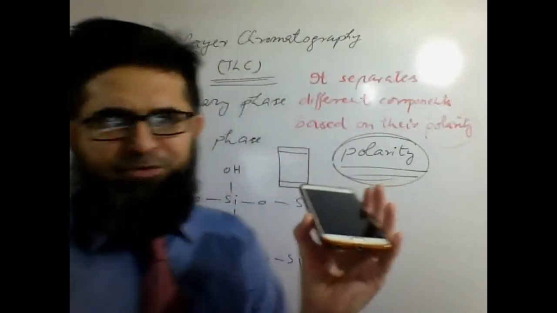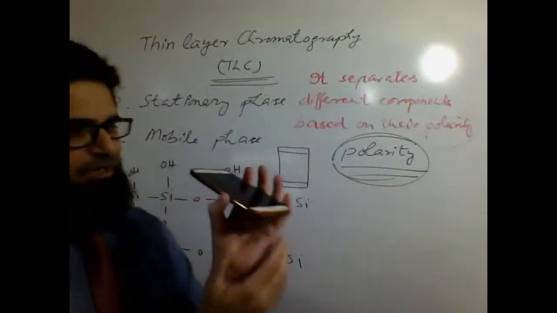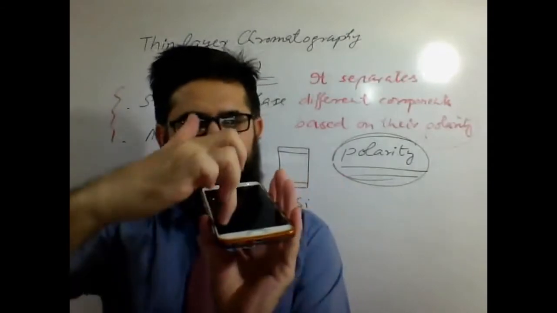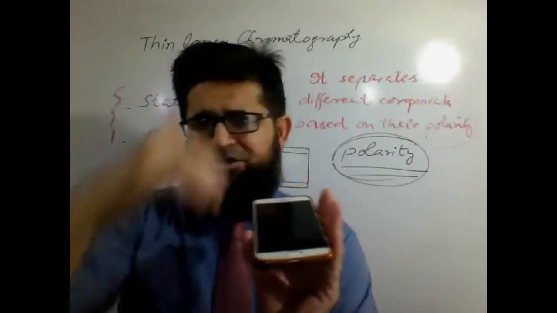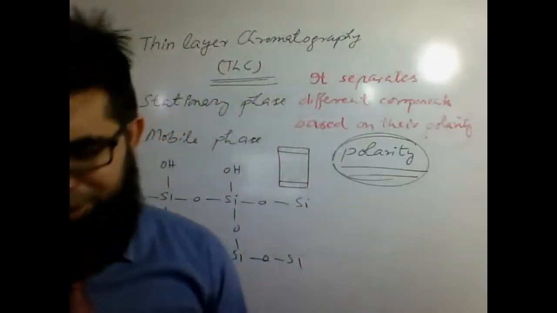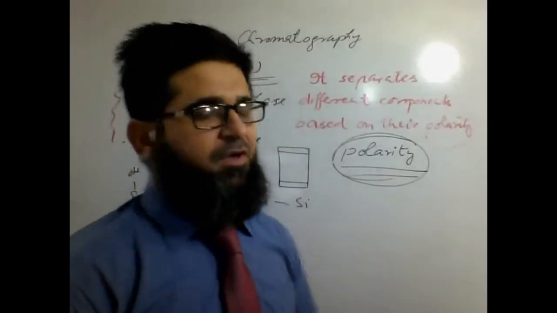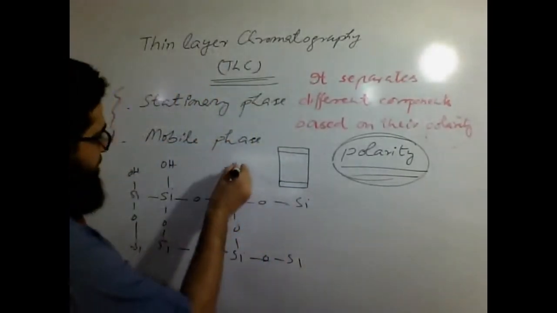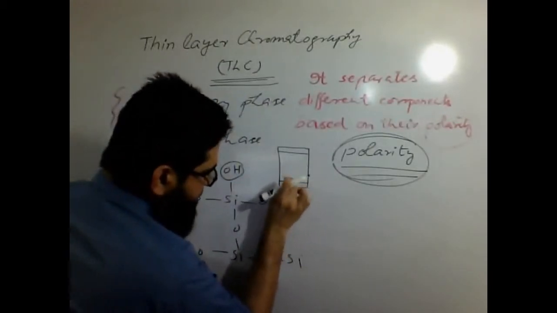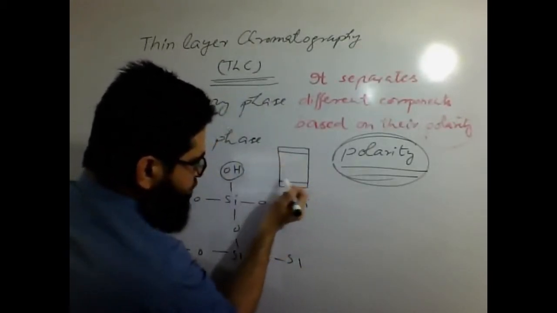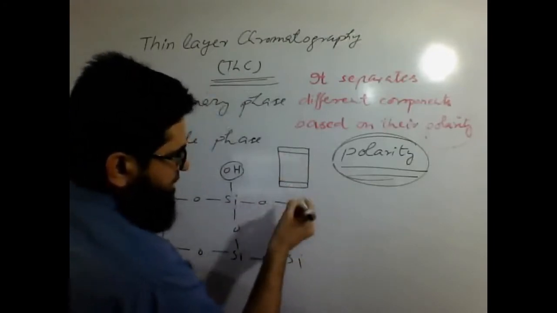So the hydroxyl groups of the silica are pointed upwards on the surface of the aluminium foil. As these hydroxyl groups are polar in nature, they are present on this surface, pointed up. So many are present.